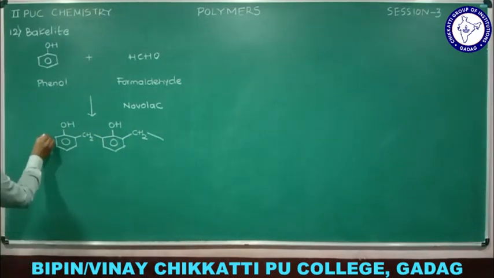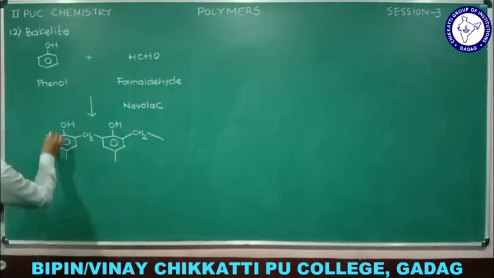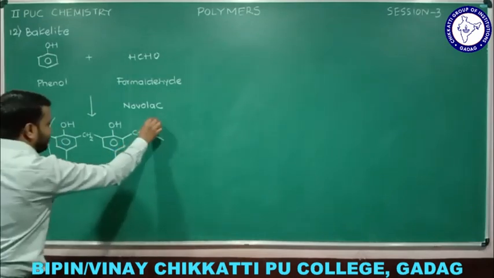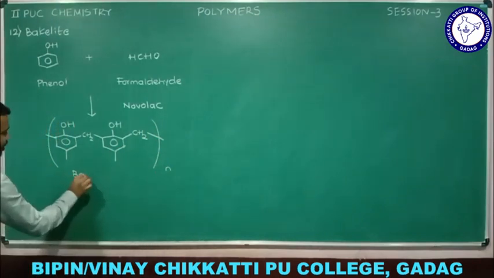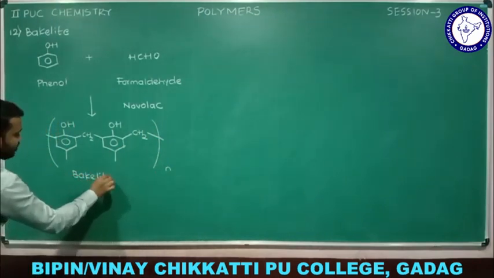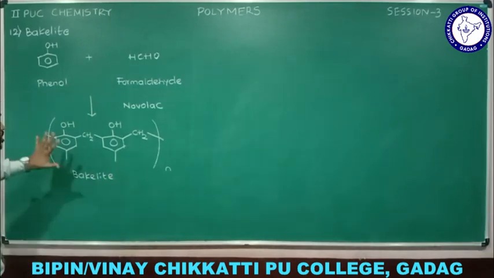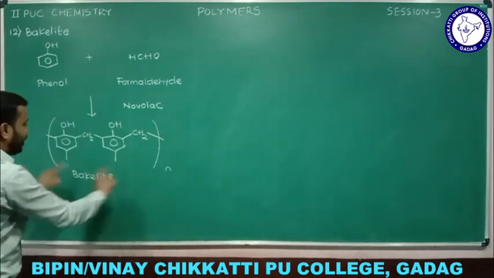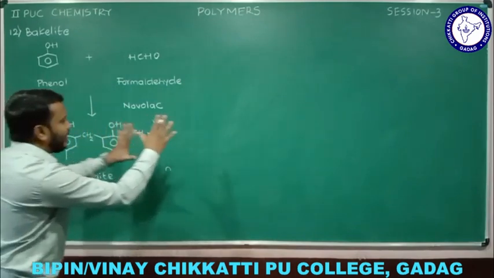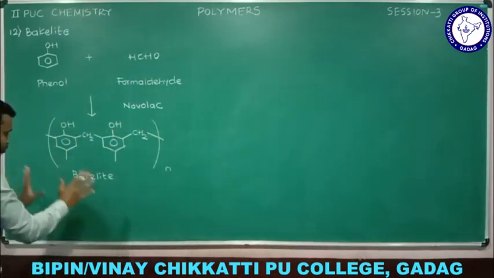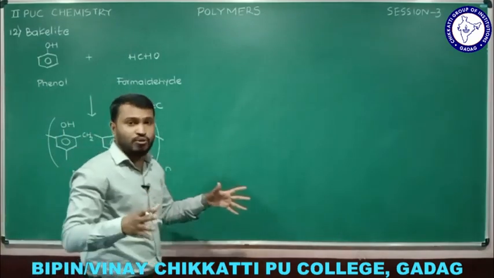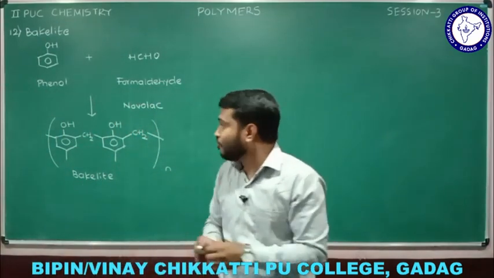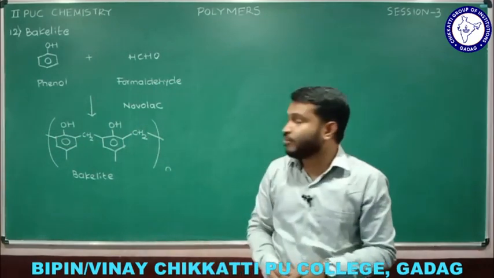It will continue from this side, this side, and this side, and if you take the brackets with n, that would be the structure of bakelite. So try to remember that. This is the 3-dimensional structure of bakelite. This is the repeating unit, and it is going to repeat on the right side, left side, and bottom also. So now you can imagine what the complete structure of bakelite would be. That is the partial structure of bakelite.